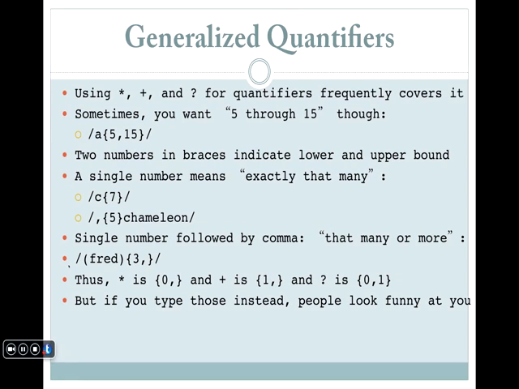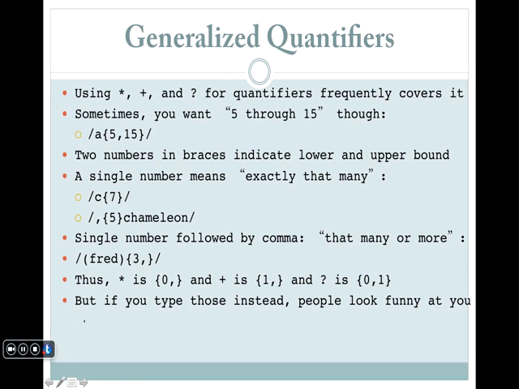Always I have a lower bound and an upper bound. Now if I use a single number, here I'm saying I want exactly that many. So here I'm saying I want exactly 7 C's as a match. Here I'm saying I want exactly 5, comma, then the word Chamelon.